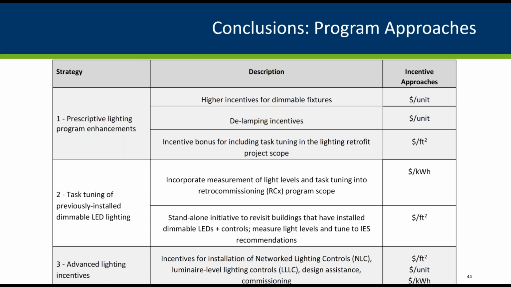Network lighting controls refers to an intelligent network of luminaires and controls which are programmable through a software interface and have the capability to provide monitoring data on system performance. Luminaire level lighting controls is a subset of network lighting controls in which each luminaire contains a continuous dimming driver and integrated occupancy and daylight sensors, allowing for lighting control at a more granular level.